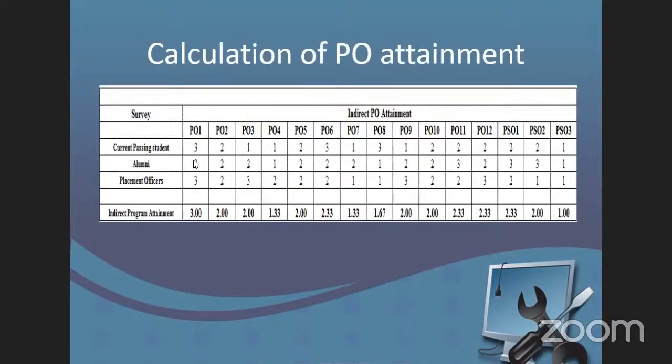Then I will get the attainment by taking the average of each program outcome. Average of PO1 is 3. Average of PO2 is 2. Average of PO3 is 1 plus 2 plus 3 divided by 3. Similarly, I will get the indirect program attainment. You just see the last row alone.